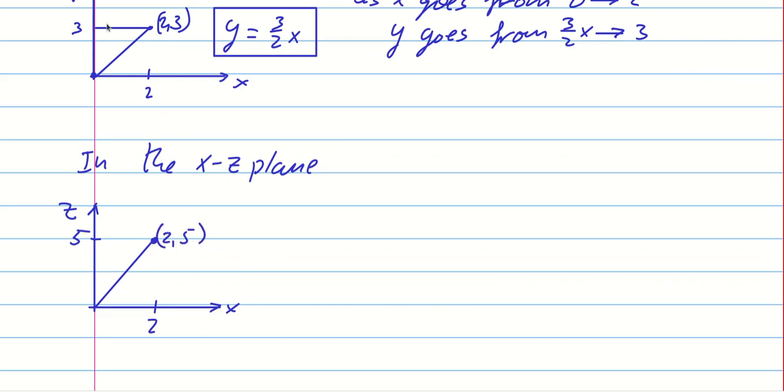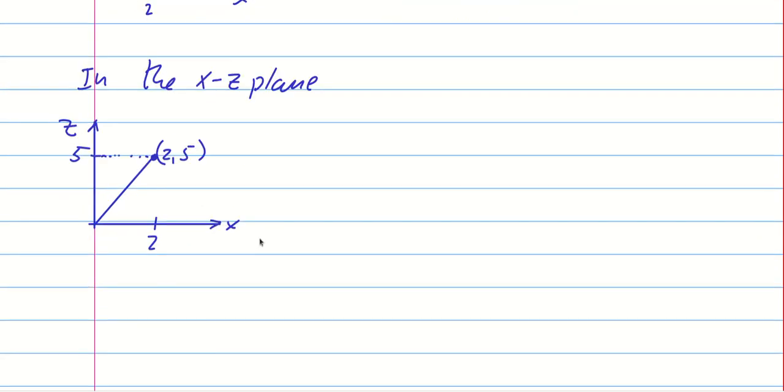Maybe we'll make this a dotted line here. What does it mean for us? That means that z is 5 over 2 x. Again, the slope is 5 over 2 and it goes through the origin.